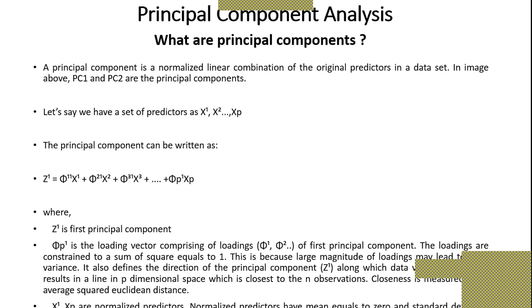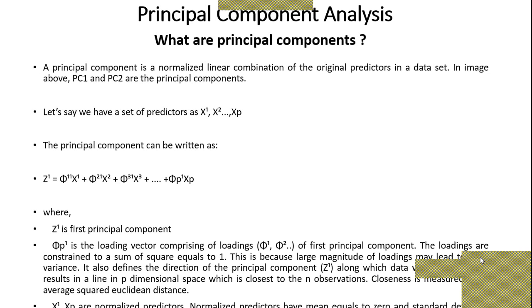What do principal components mean? A principal component is a normalized linear combination of the original predictors in a data set. In the image above, we have seen there are two principal components, PC1 and PC2. Now let us see, we have a set of predictors, for example, x1, x2, x3.